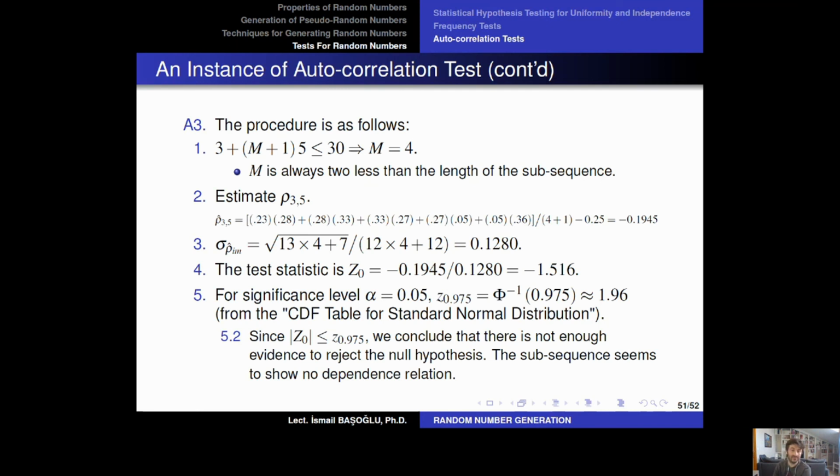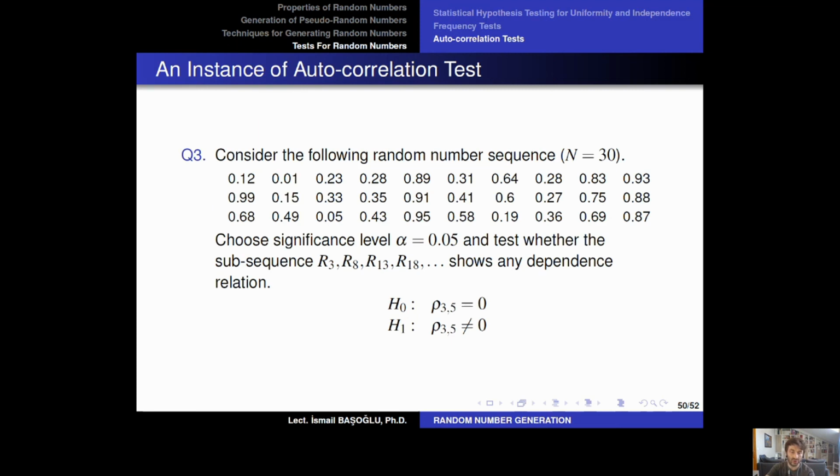The subsequence seems to show no dependence relation. So the test has passed, and we couldn't find any statistical evidence to show that there is a dependence within this subsequence. Okay, that's the story of the autocorrelation testing. Actually, you can check other autocorrelations for other subsequences as well.